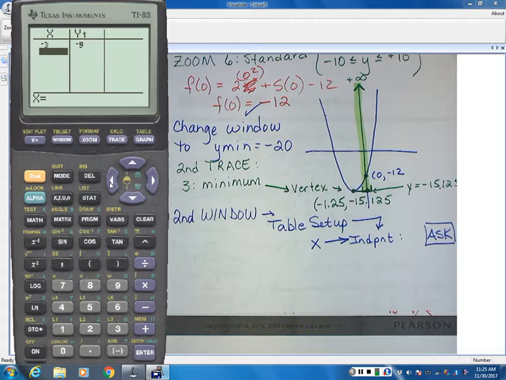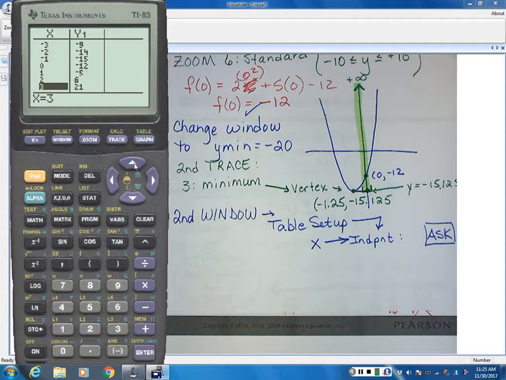Negative 3, negative 2, negative 1, 0, 1, 2, 3. And the reason that we thought maybe that the bottom was negative 15 was because that was the lowest number that we saw here. But we can't be sure.